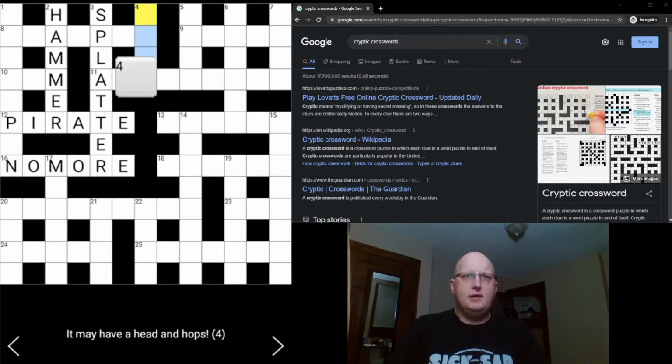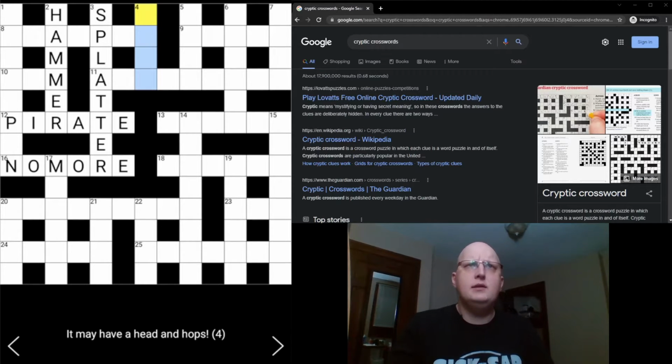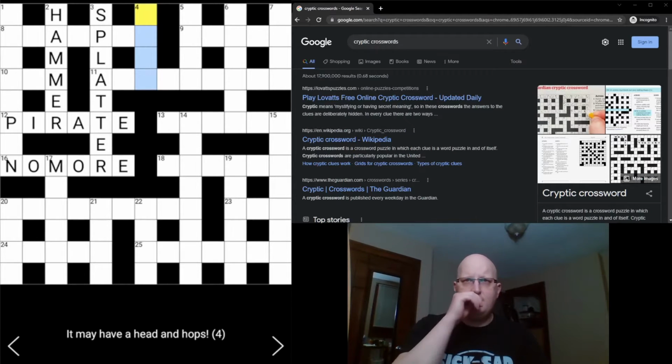It may have a head and hops. So bunny, hair. It may have a head, hair, like H-A-I-R. And hops, certainly a hare hops. An exclamation point indicates that there's some sort of expression, that it's part of an expression or something.